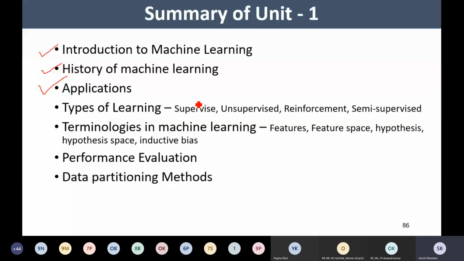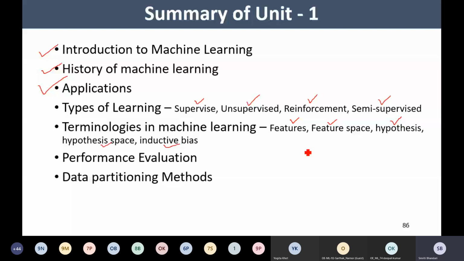We have just introduced the concept of reinforcement learning and semi-supervised learning. Then we discussed various terminologies in machine learning. So we talked about the feature space or the instance space. We talked about hypothesis space, inductive bias, and so on.